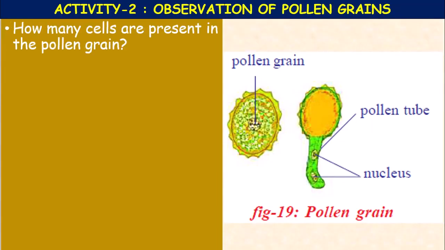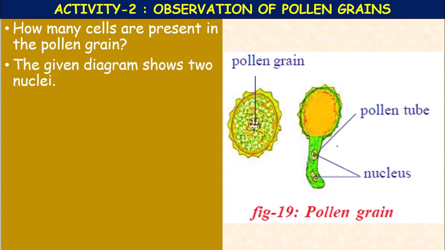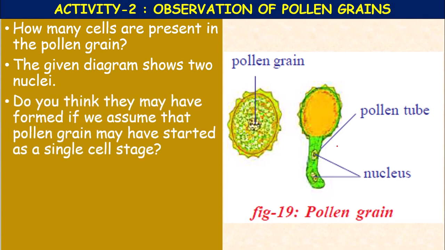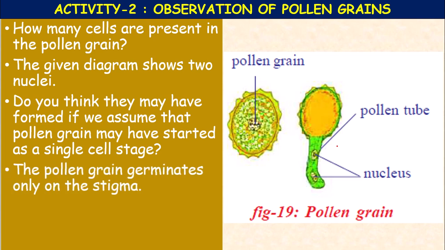So how many cells in the pollen grain, obviously the pollen grain on the stigma of the flower happens then.